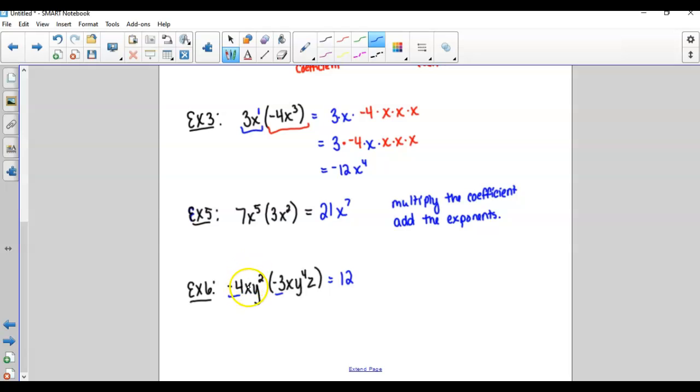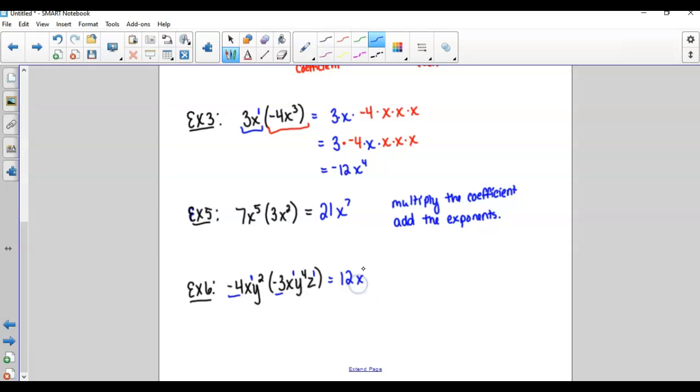Then remember with these x's right here, and the z over here as well, they look like they don't have an exponent. But if they don't have an exponent written, it means there's an exponent of 1 because there's one x right there. We could also put a 1 over there on the z if we want, although it'll be a little bit less important. So we're going to put all of the x's together. We have to deal with like bases. So I've got one x here and another x here.